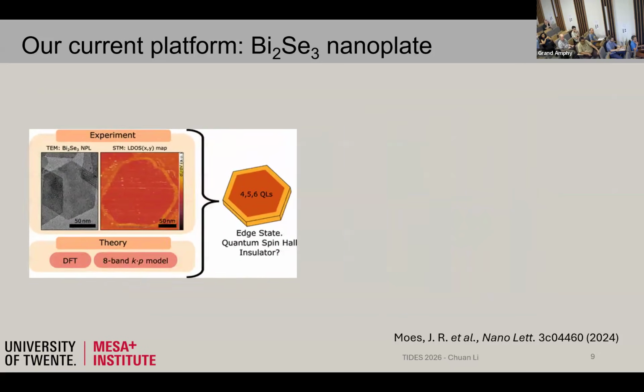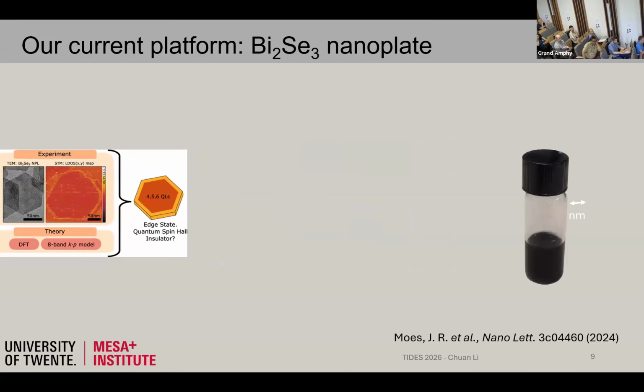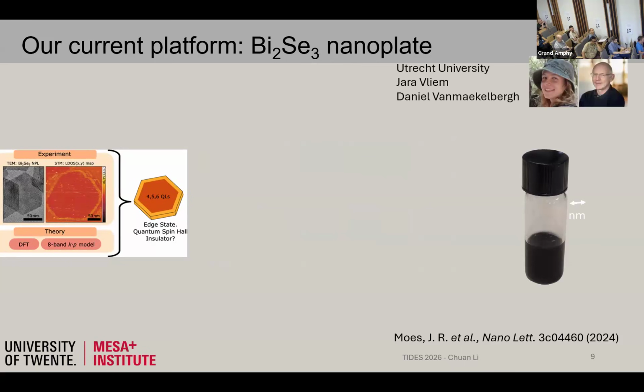But after they grow these beautiful nanoplates, they measure them with STM, and this gives a 4, 5, 6 quantum layer thickness. When they measure this, they actually see the edge state appear, and not below or above this value. So they give us this material in solution like this.